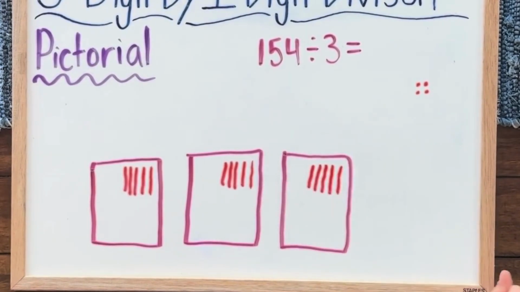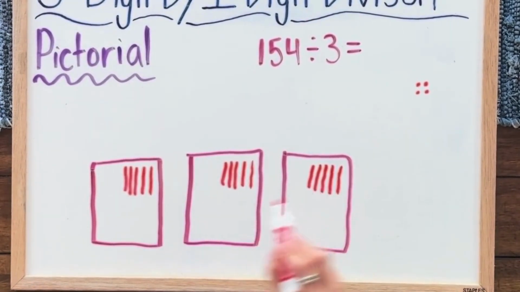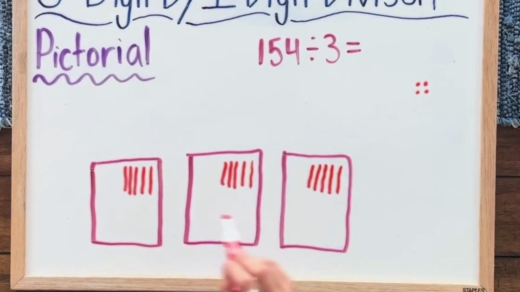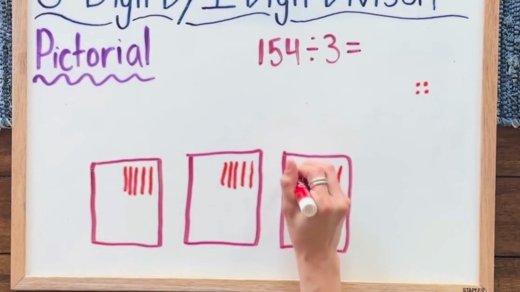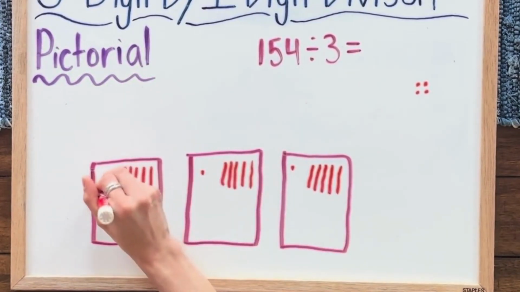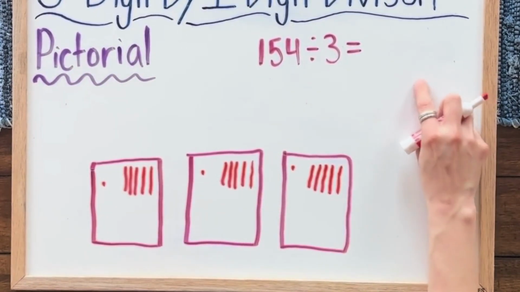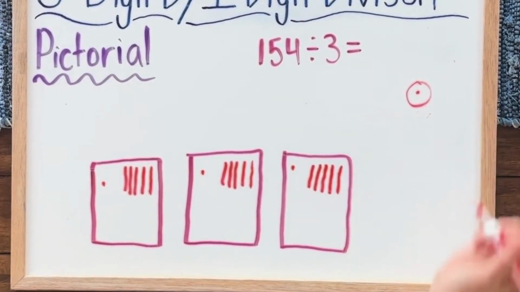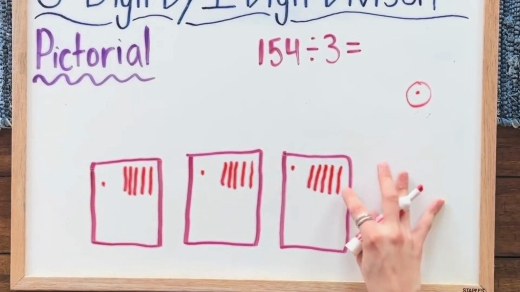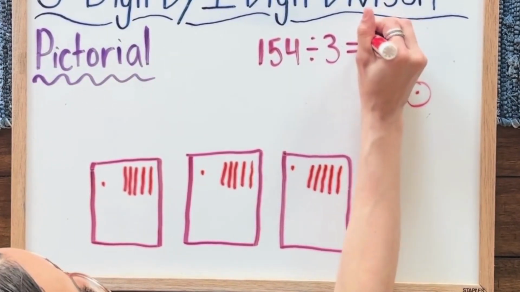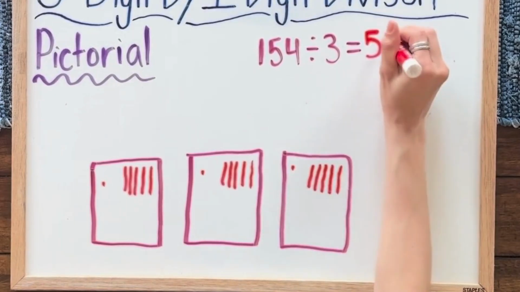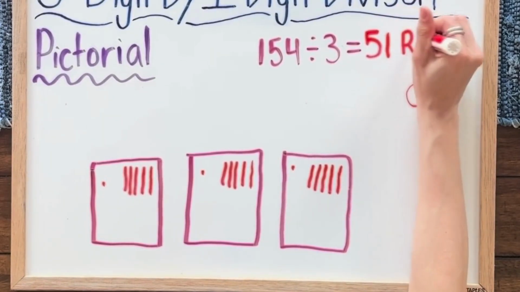Before we move on to our units, we now know that we have 5 rods evenly distributed into the 3 groups. If we move on to our units, our ones, we'll put them evenly into each group. But that leaves us still with 1 unit remaining. So our rods represent our 10s, so this would be 50, plus 1, remainder 1.